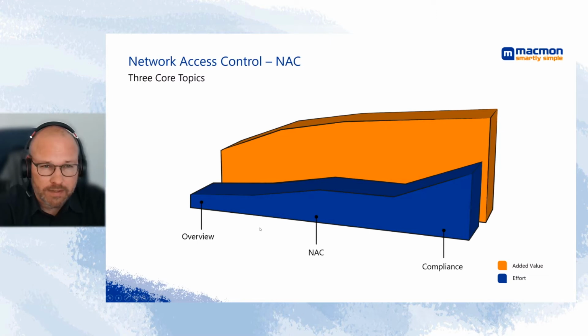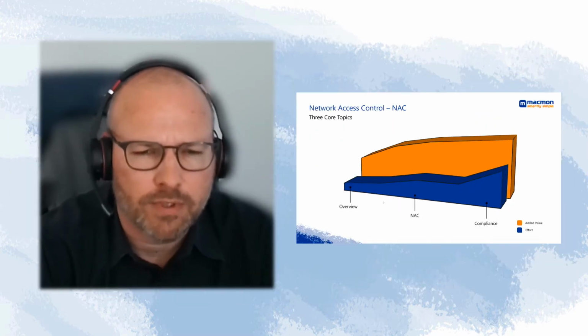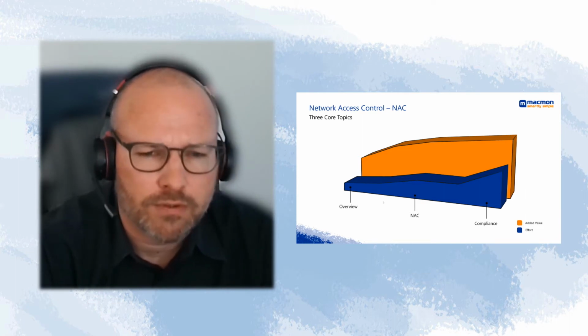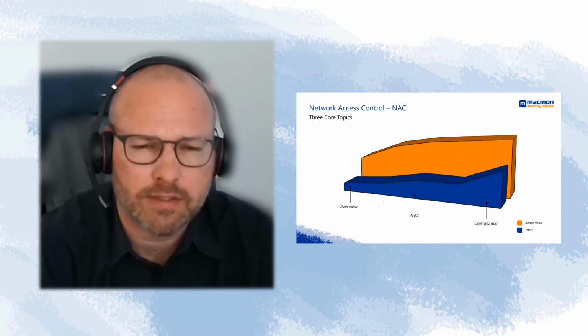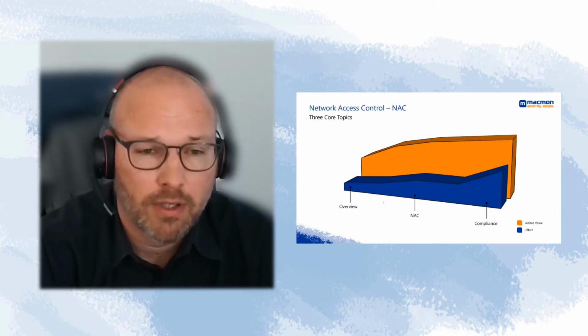When talking about network access control in general, we normally divide a project into three core topics. First of all, we've got the overview, and there are already some similarities with imVision, as we're both using SNMP to discover the network and get a lot of details about the infrastructure, the endpoints, and how everything is set up.